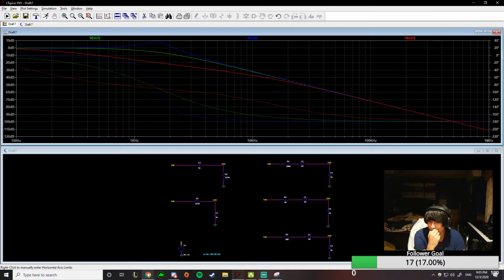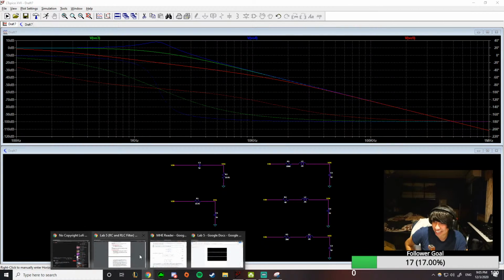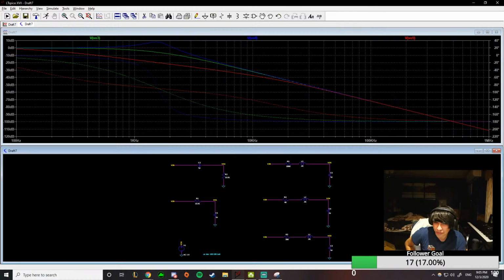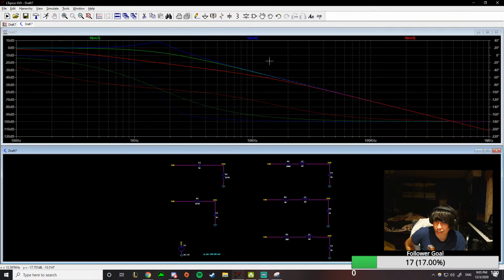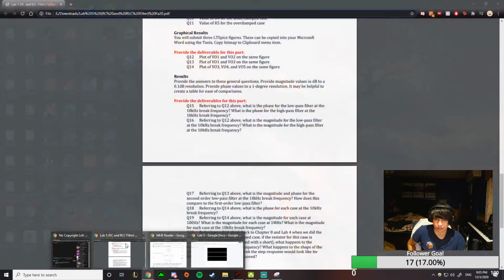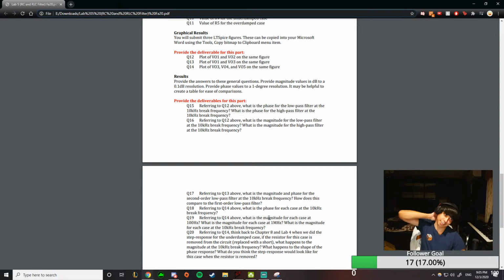Is it asking me for that? Because it's not like a sine wave or cosine or whatever. If anyone knows the answer, you're free to put in chat if you can answer any of these. What is the phase for the low pass at 10 kHz frequency? What is the phase for the high pass filter at the 10 kHz frequency?